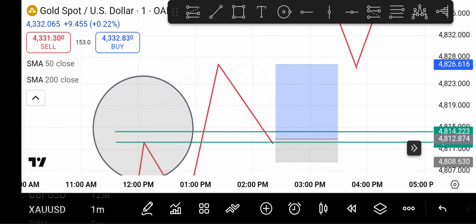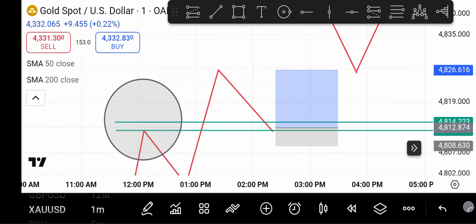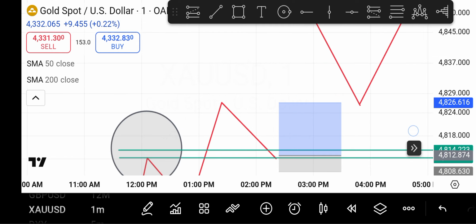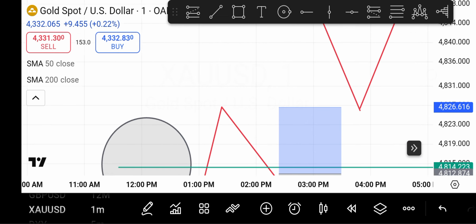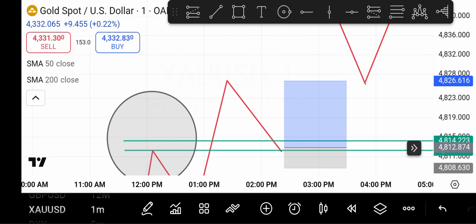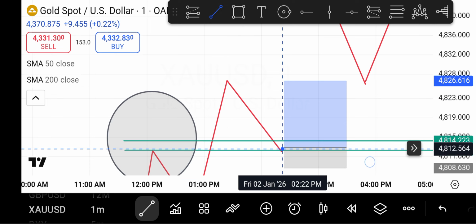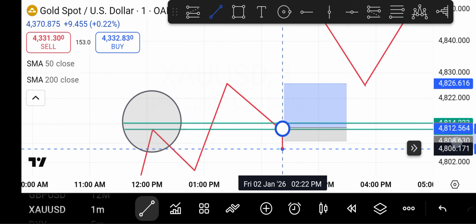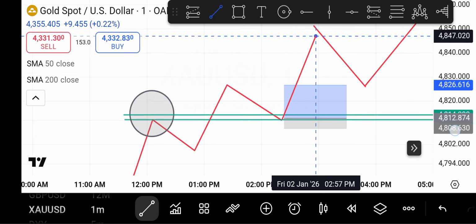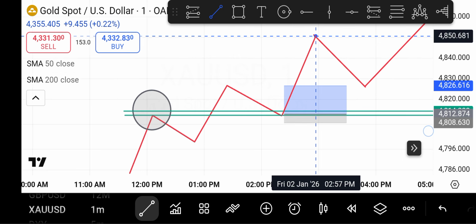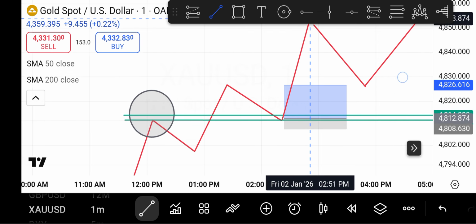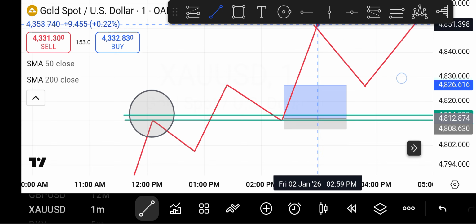I expect the price to move back to the upside and create a new higher high.